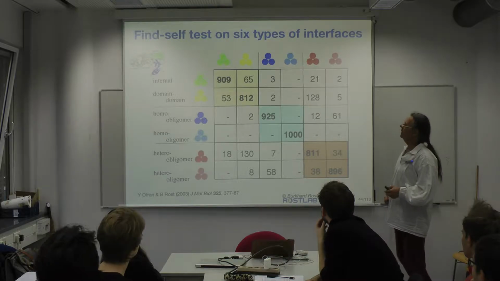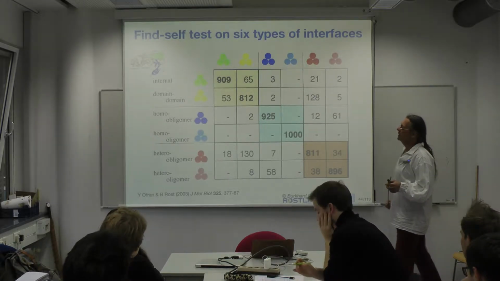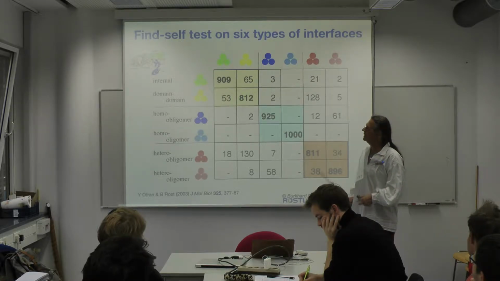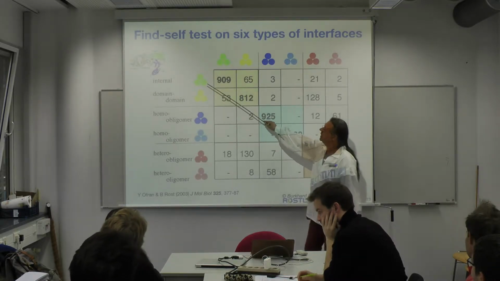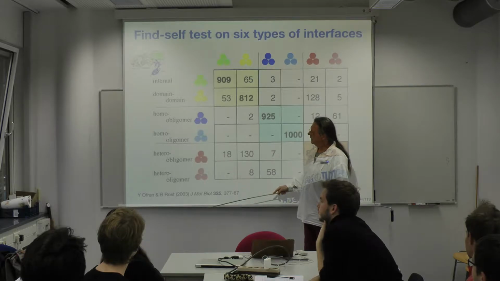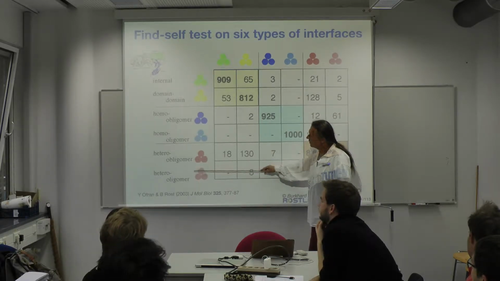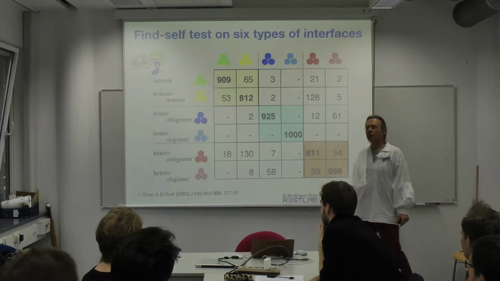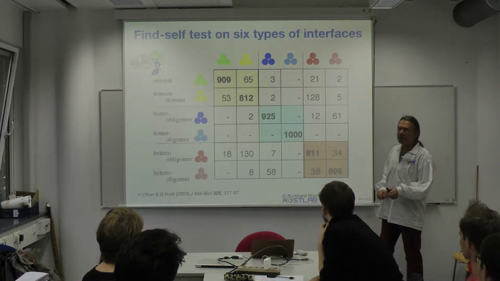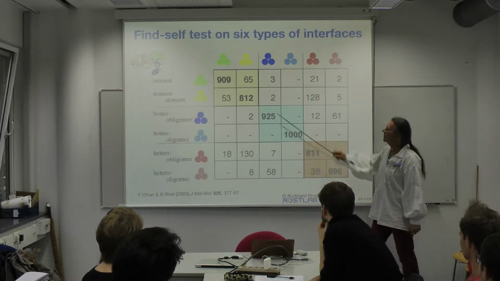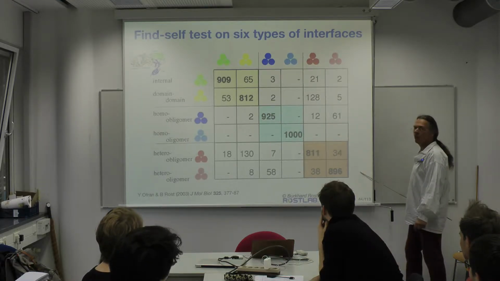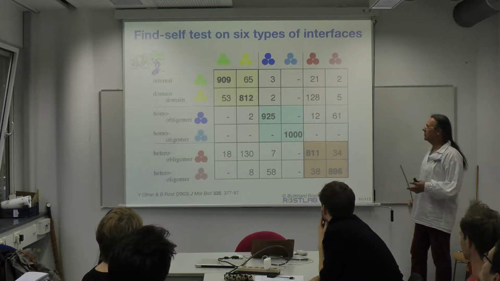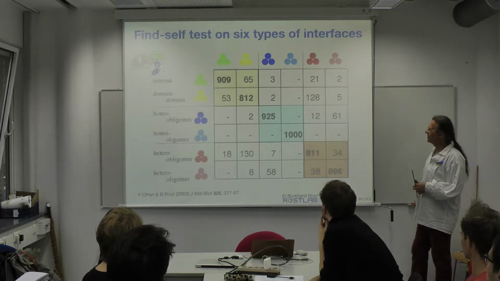I show you here the results for 1,000 picks. Now I don't only have 3 different types of interfaces, I have 6 different types of interfaces. The green is still the internal, and the red one here is the transient protein-protein interactions. Now the first thing you observe in 1,000 picks is that the diagonal is always highest. So we can clearly distinguish between these 6 different types of interfaces.